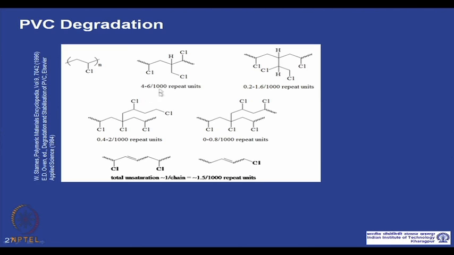The number is very small, it is given as 4 to 6 out of 1000 repeat units, 0.2 to 1.6 out of 1000 repeat units. So, basically these irregularities are very few in the polymer chain, but the degradation is mainly caused by these irregularities itself, not the main polymer chain.